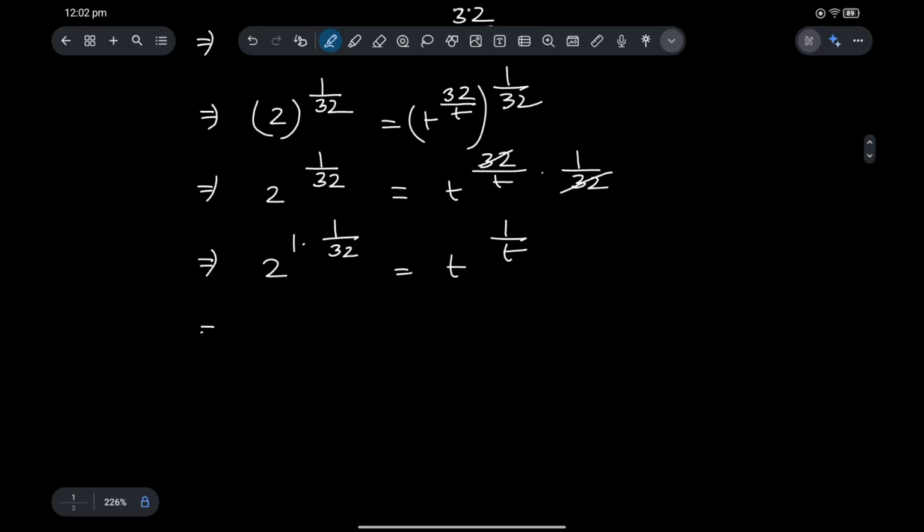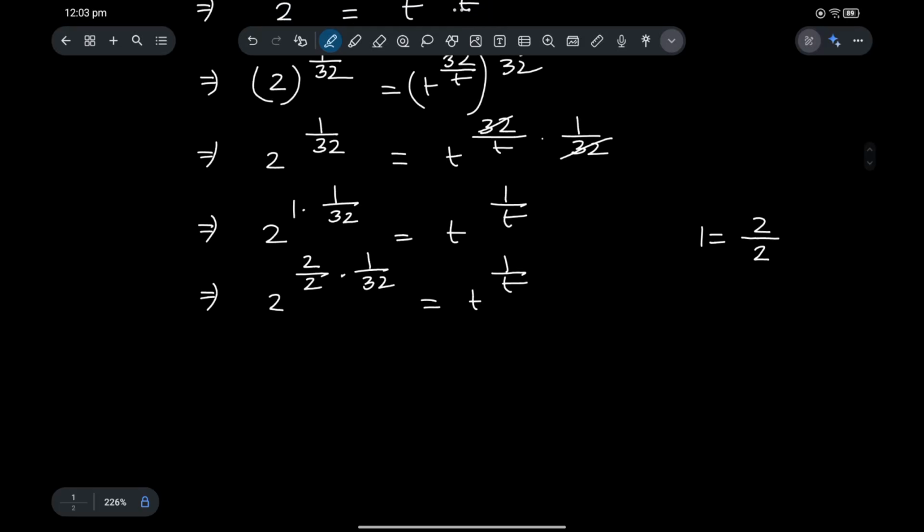Now we know 1 can be written as any two same values, upper and lower, so we can write 1 equals 2 by 2. So in the position of 1 we can write 2 by 2 into 1 by 32 equals t to the power 1 by t.